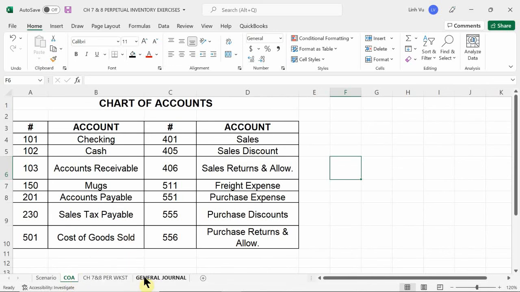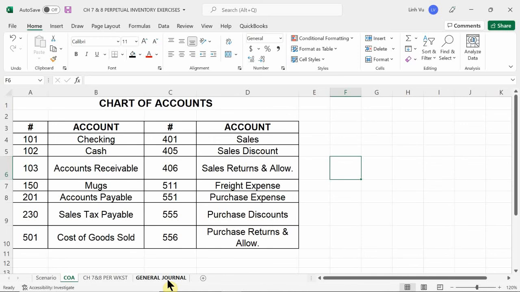Right, how do I give customer B a refund? Well, we are giving a sales return allowance.